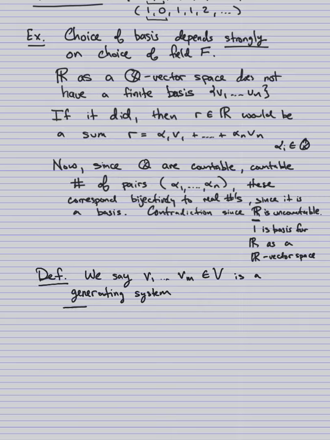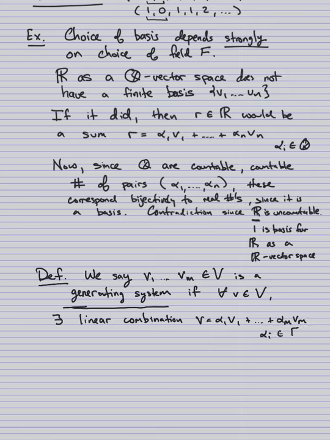That's what I learned it as, but I'm going to stick with the book. If for any V in V, there's some linear combination which V is equal to. So V is equal to alpha 1 V1 plus alpha m Vm for some alpha i in our field.